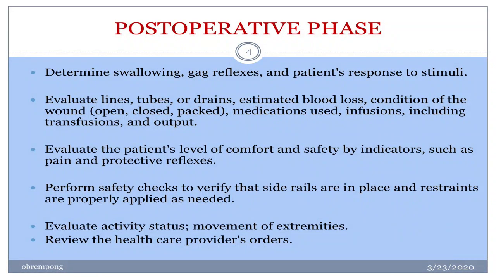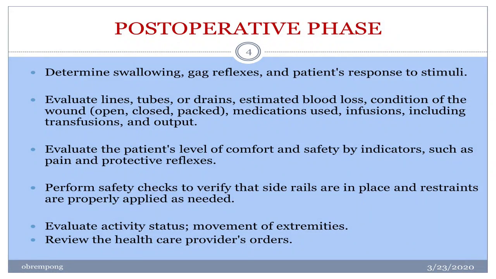So you have to make sure that you are evaluating the lines, the tubes, the IV tubes that were used. Make sure you know the condition of the wound. If the wound is still open, if it is closed, what was it closed with? Or if it was packed, what was packed in there? Evaluate the patient's level of comfort and safety by indicators such as pain and protective reflexes.